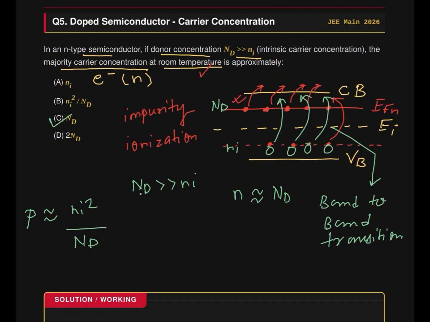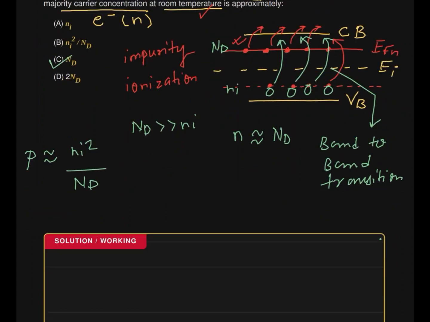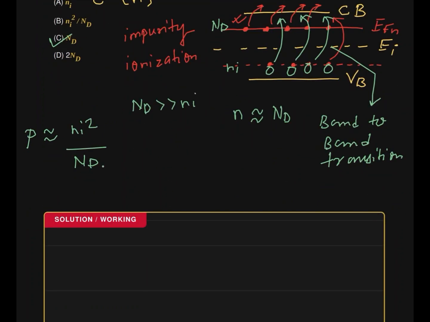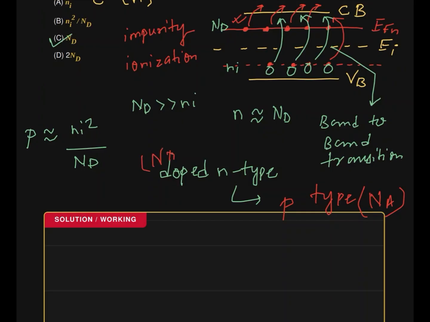Another thing you should keep in mind, I think they can ask, is if we have a doped N-type semiconductor which also has some P-type impurity, that is acceptor, Na, and this is donor, Nd. But Nd is greater than Na.